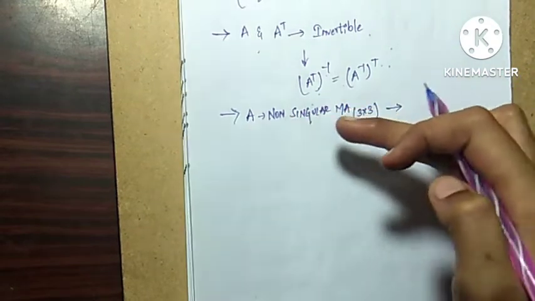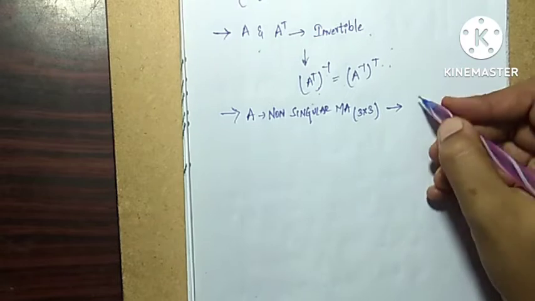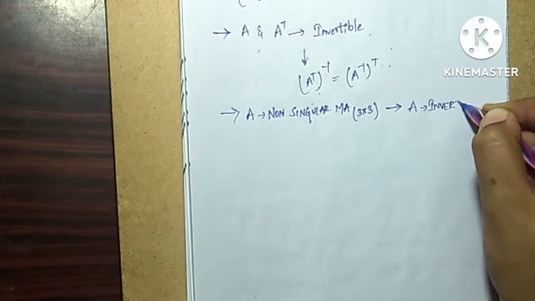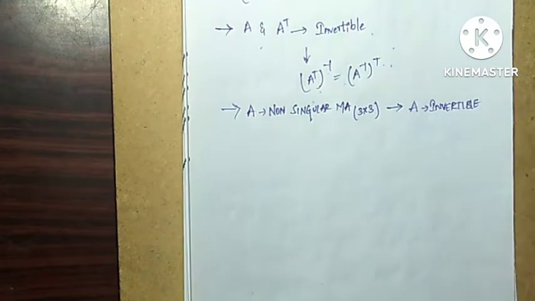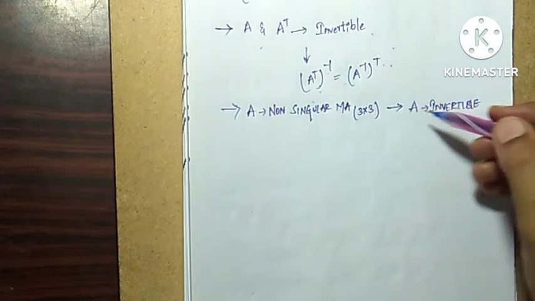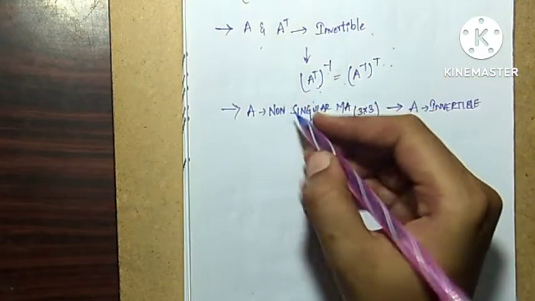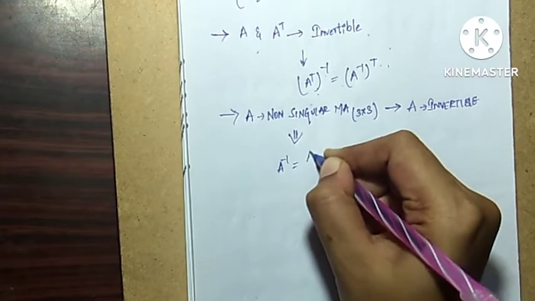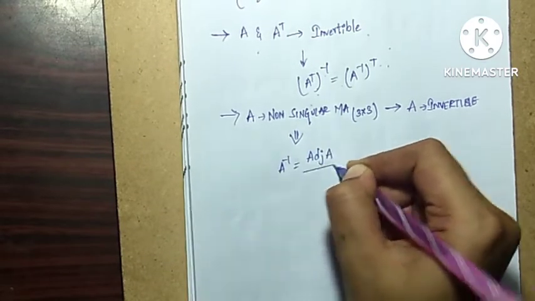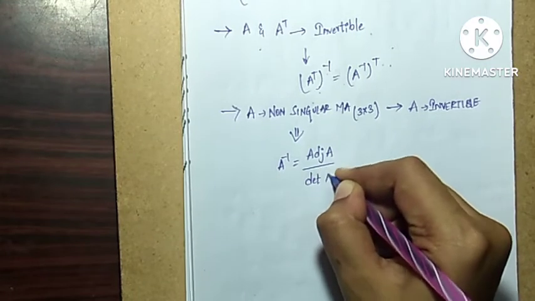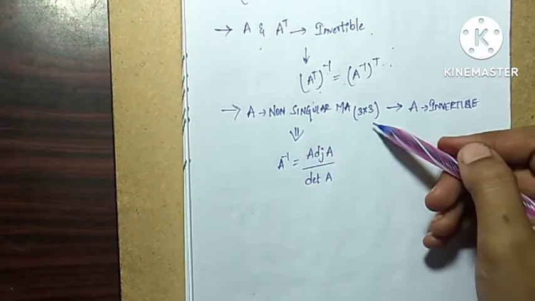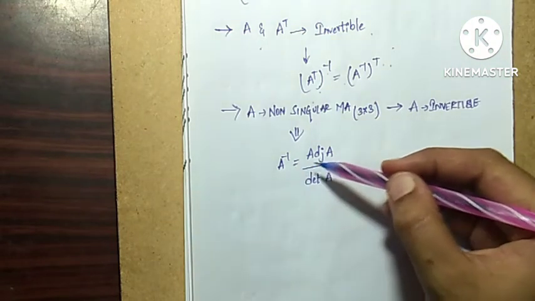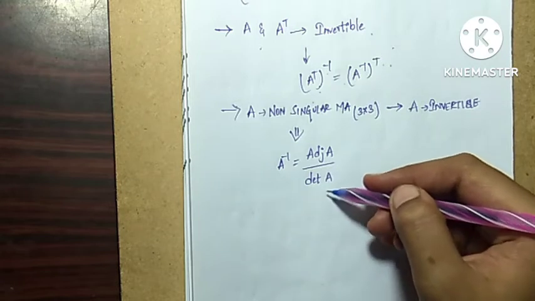If A is a non-singular matrix of order 3 by 3, then A is what? Invertible. Then the condition is A inverse is equal to adj A by det A. If A is a non-singular matrix of order 3 by 3 and A is invertible, then A inverse is equal to adj A by det A.